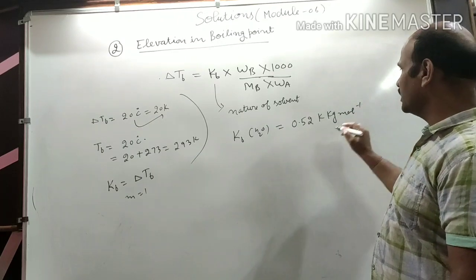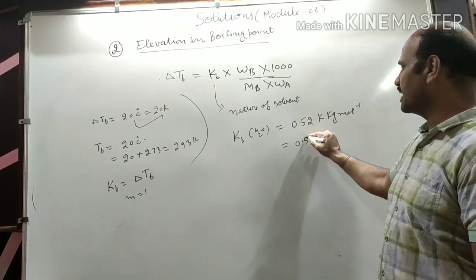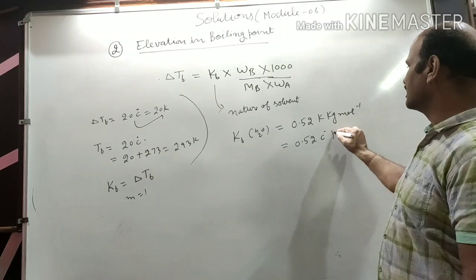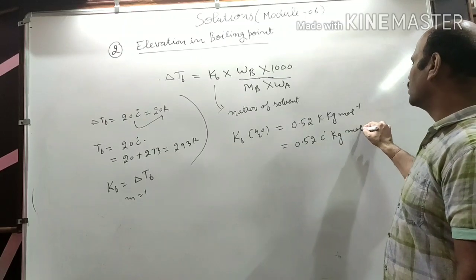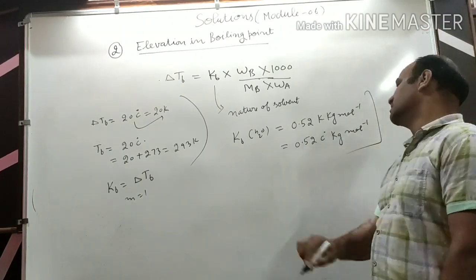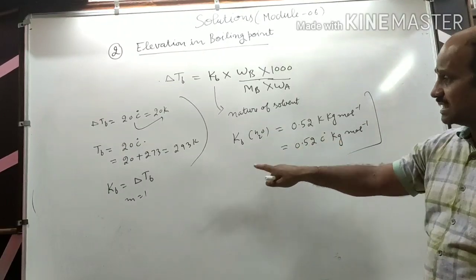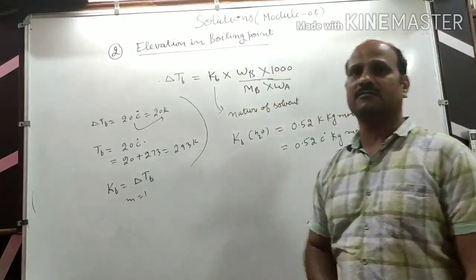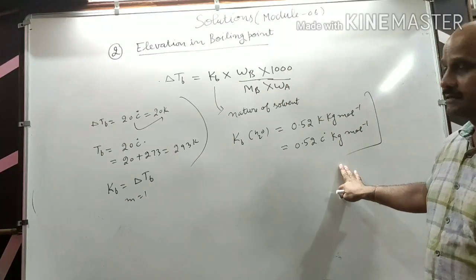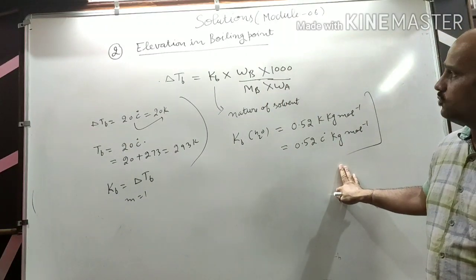And also we can write 0.52 centigrade kg per mole. Both are the same thing. You are not to add 273 here because it is also a difference, delta T. Keep in mind. I think these things are clear to you.